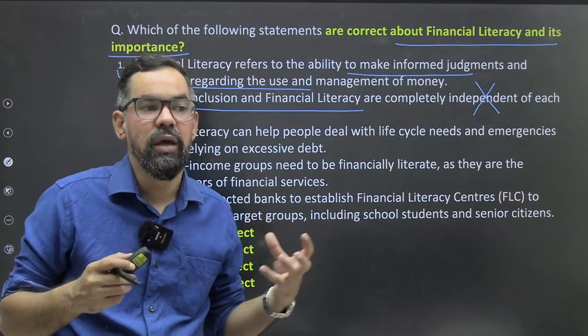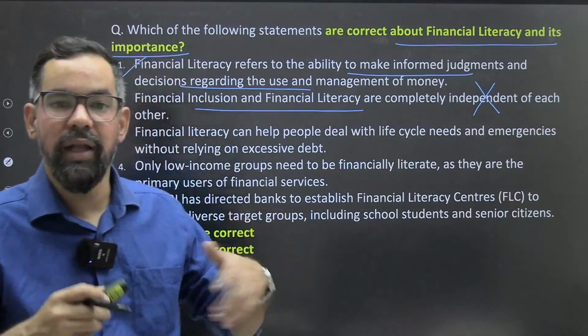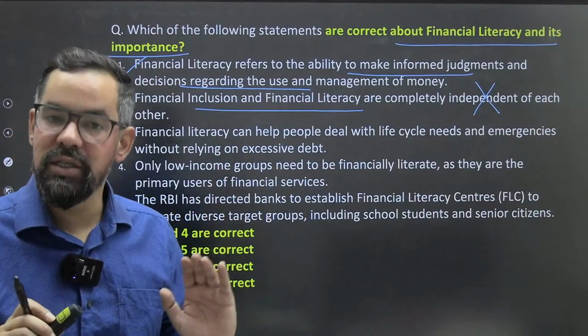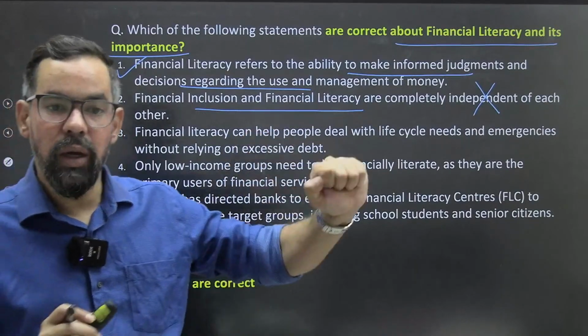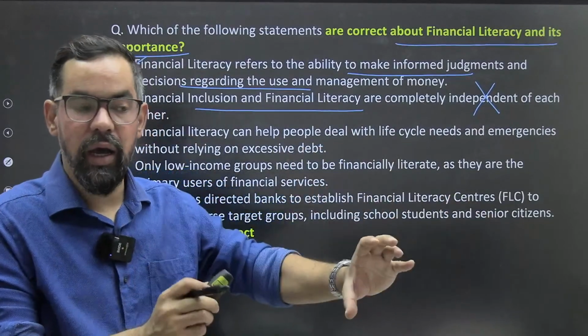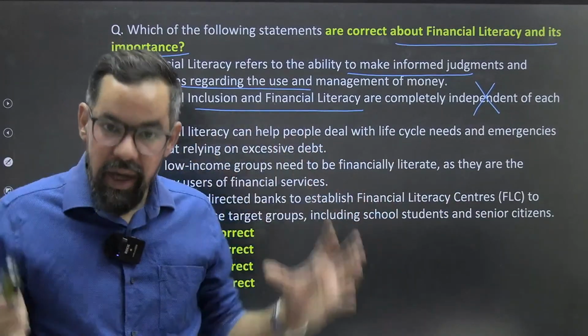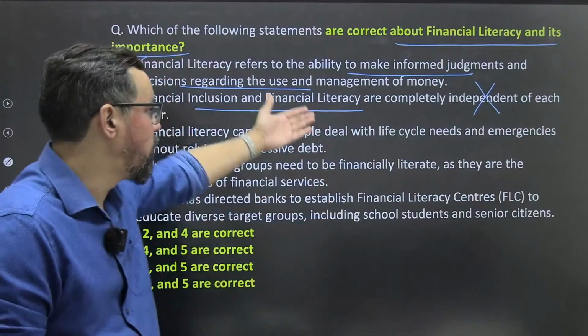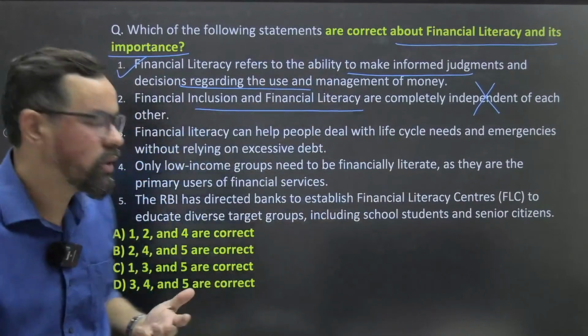For a student we come up with a zero balance account with high interest rate and number of transactions. That is our product, designed to serve that specific area. Now creating awareness about that product is financial literacy. So they are interlinked.